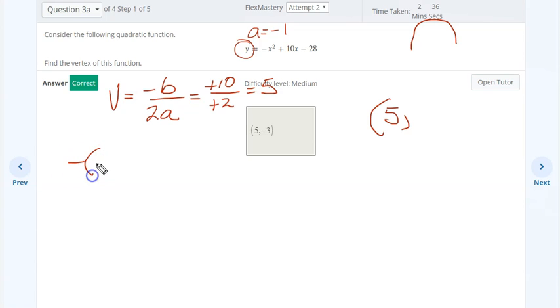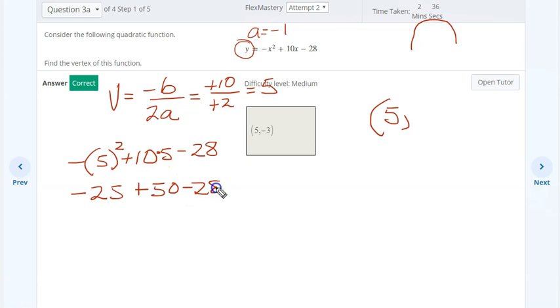So -5 squared plus 10 times 5 minus 28. So 5 squared is 25, but then it's negative. So -25 plus 50 minus 28.